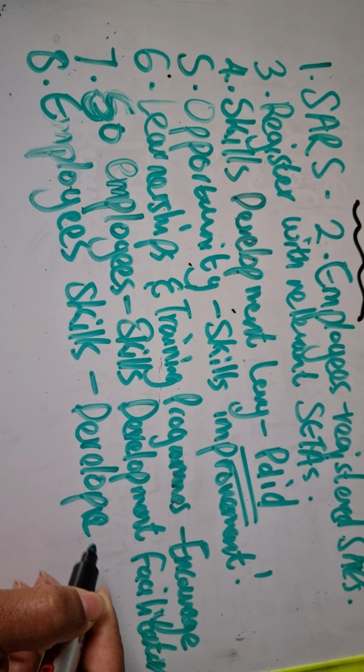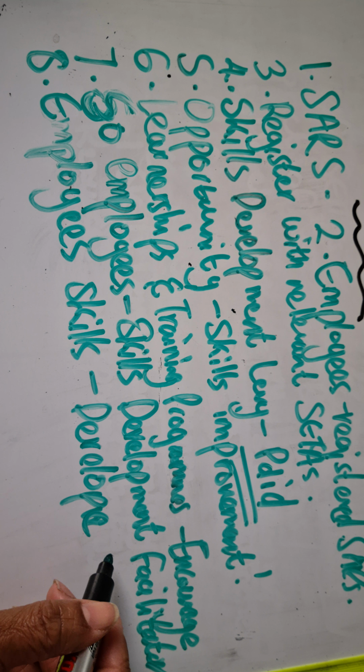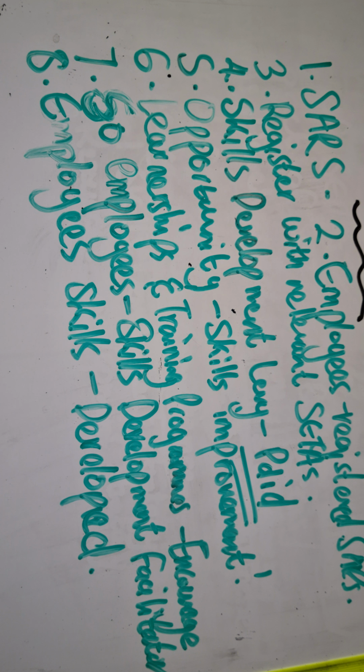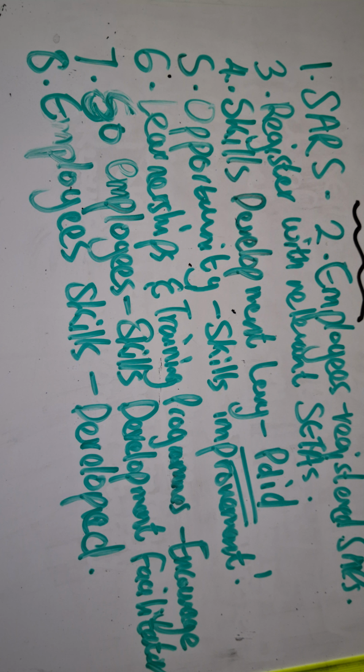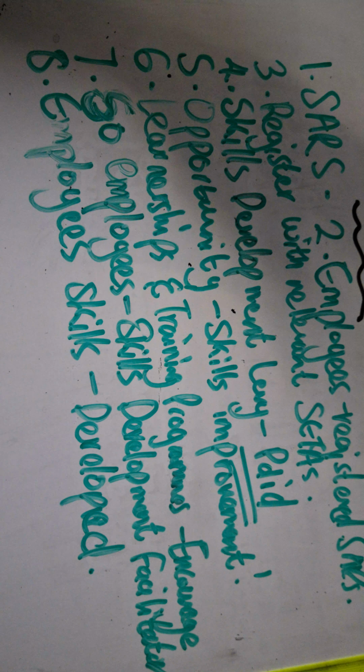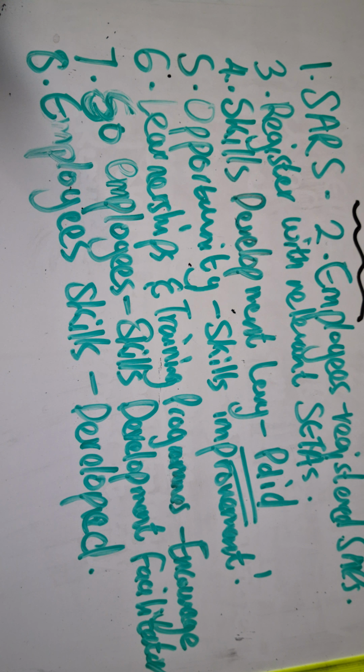Okay, I've just given you explanations in very short terms here, but if you're listening to what I'm saying, you can write it down in your own words and you'll be able to understand. Okay, so before we go to those terms, let's go. So these are all the ways a business can comply with the Skills Development Act.